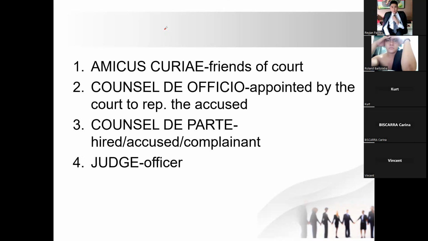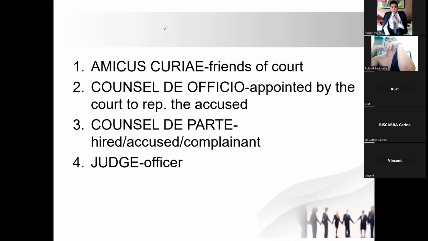Okay. So ang PAO class, of course, always pwedeng i-represent. Hindi lang ibig sabihin accused lang ang i-represent ng PAO. So ang PAO class, of course, yung services nila is free of charge kasi nga they are public officers or employees sila ng government.